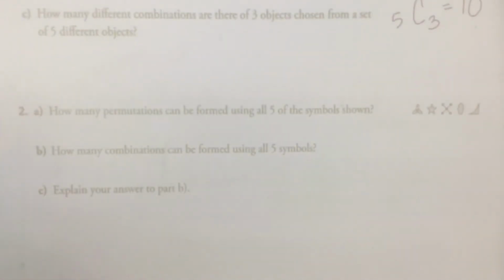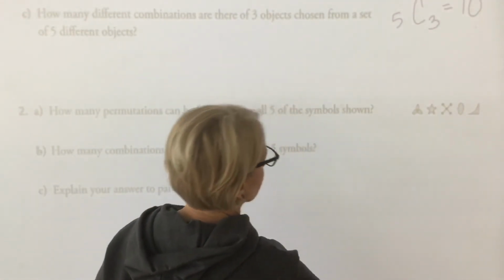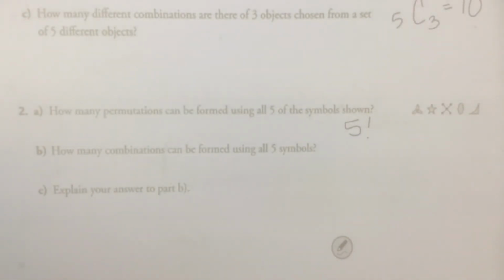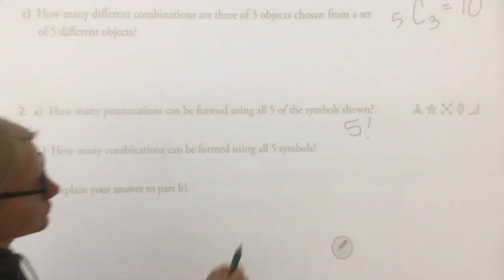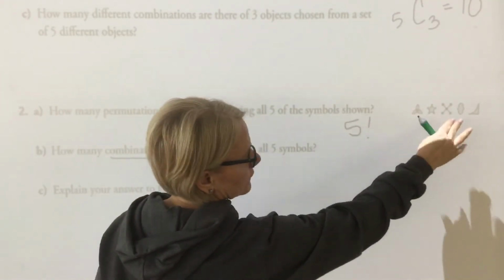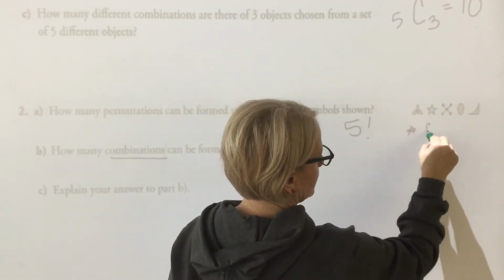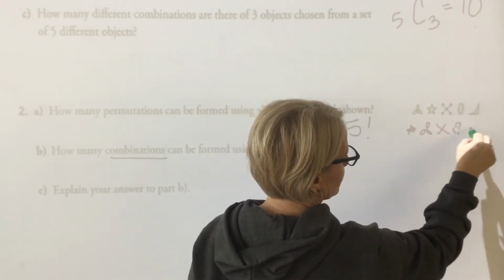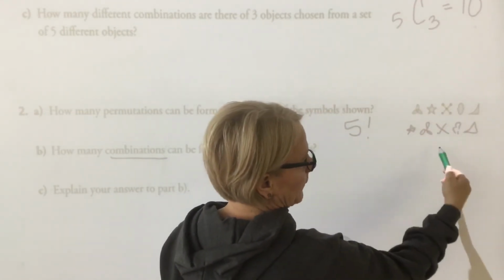Number 2: how many permutations can be formed using all 5 symbols? Since we're arranging all 5 symbols, it's 5 factorial. How many combinations can be formed using all 5 symbols? Combinations now means that if I use this, but now let's say I switch the star and the fidget spinner, and I don't even know what some of these other ones are, that's the same.